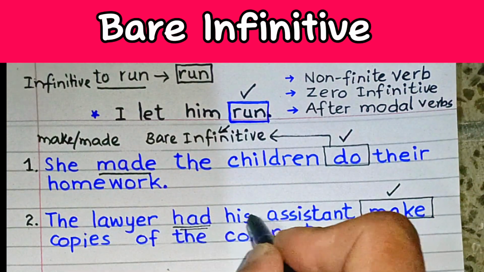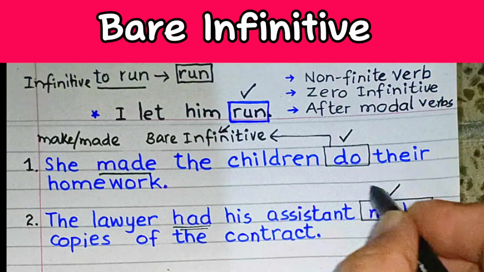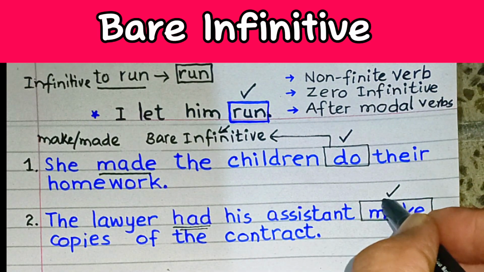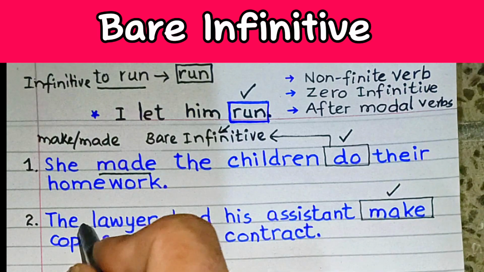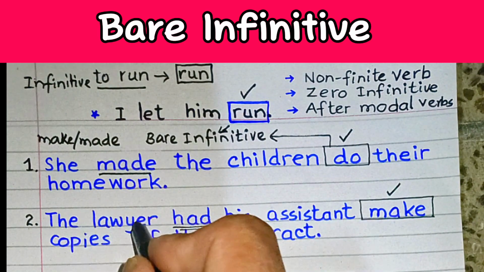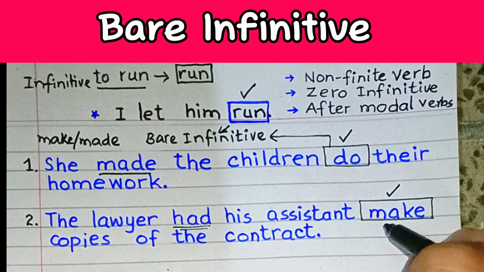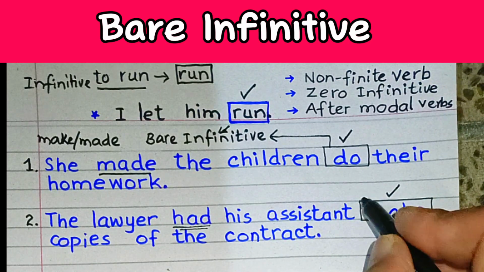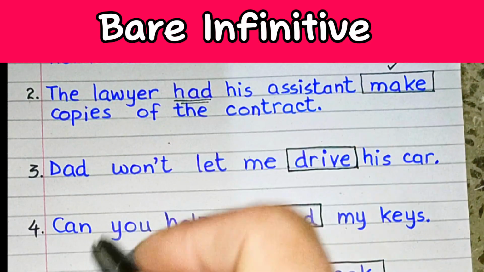The lawyer had his assistant make, so had followed by make, so this is going to be called bare infinitive in this sentence. The lawyer had his assistant to make would look very odd because there is no use of to infinitive after had.